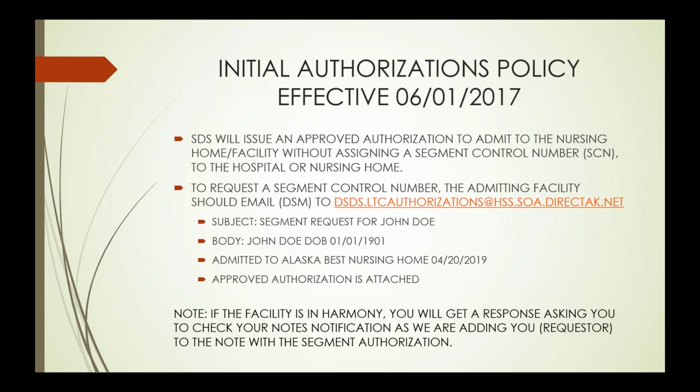So we started to implement this process where we would provide an approved authorization without a segment number. And we asked that the admitting facility would send us an email and let us know when the patient actually admitted.